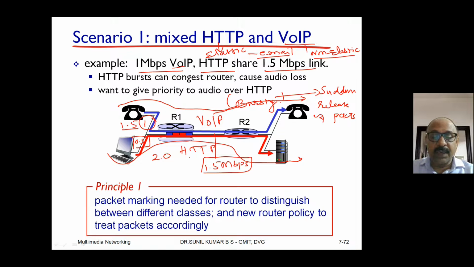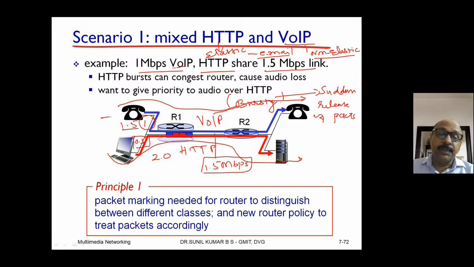Though we have differentiated the classes of transmission, because of the bursty nature, there might be a chance of a problem in the network again. So the solution for that is we go for marking of the packet.